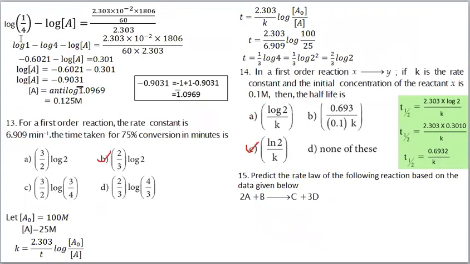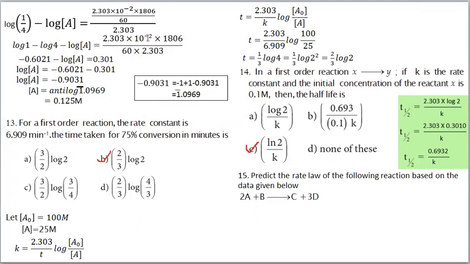Now this is log M by N, so log M minus log N. That is log 1 minus log 4, minus log A. Then we rearrange this value. We will get 2.303 into 10 to the power minus 2 into 1806, with 60 into 2.303 in the denominator. This 2.303 and this 2.303 cancel. This is 6 into 10. The 10 we change to the numerator, so it becomes 10 to the power minus 1.